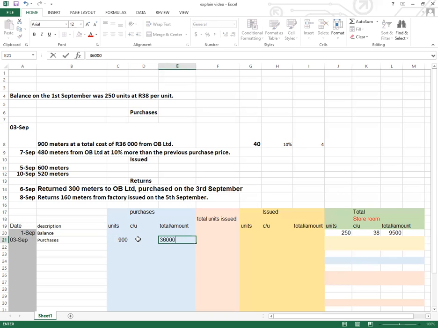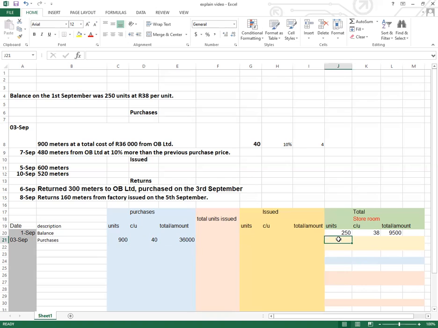And then how do we get the cost per unit? Remember, for cost per unit you take your total cost divided by the number of units, which is 40 Rand. And remember, you should put your inventory in order, showing first in, first out.